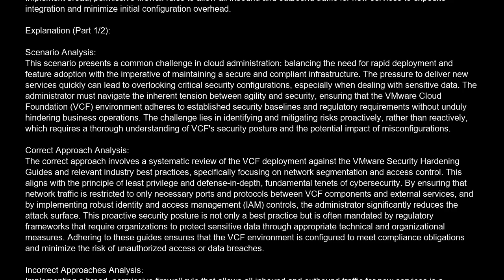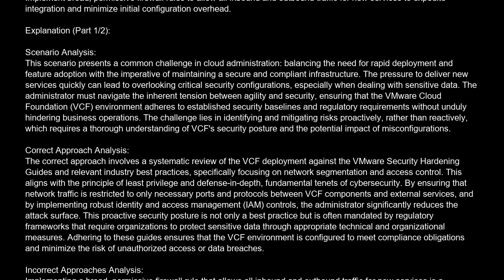This proactive security posture is not only a best practice, but is often mandated by regulatory frameworks that require organizations to protect sensitive data through appropriate technical and organizational measures. Adhering to these guides ensures that the VCF environment is configured to meet compliance obligations and minimize the risk of unauthorized access or data breaches.